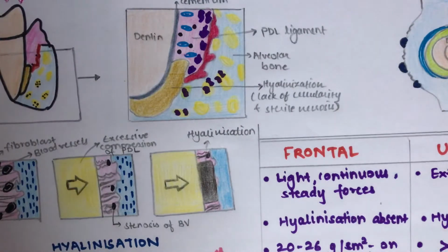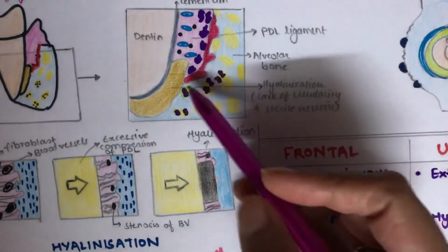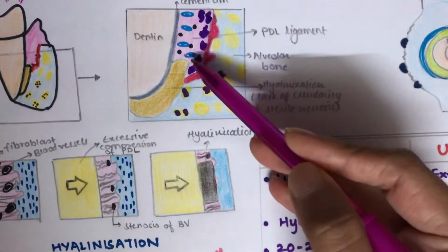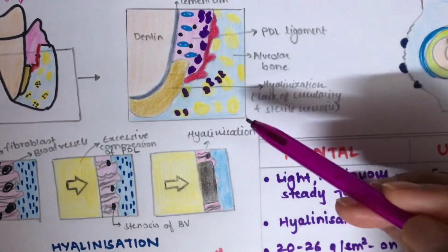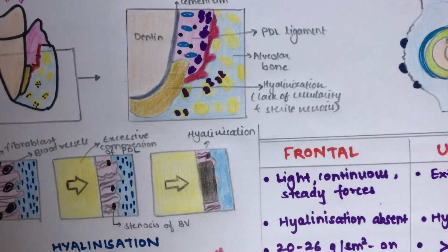The presence of a hyalinized zone indicates that the ligament is non-functional, and therefore bone resorption cannot occur. The tooth is hence not capable of further movement until the locally damaged tissue has been removed and the adjacent alveolar bone resorbs.